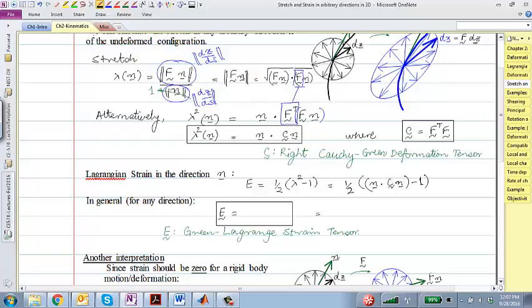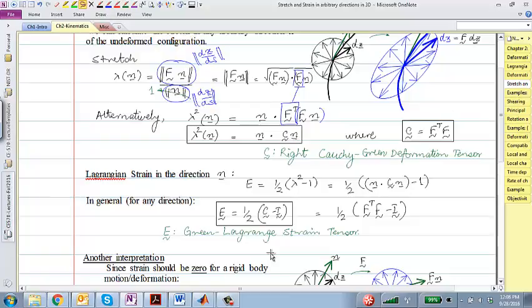We can easily generalize this concept by defining the Lagrangian strain as half of C minus I. Going by the definition of C, it's nothing but half of F transpose F minus I. So this is a strain measure.